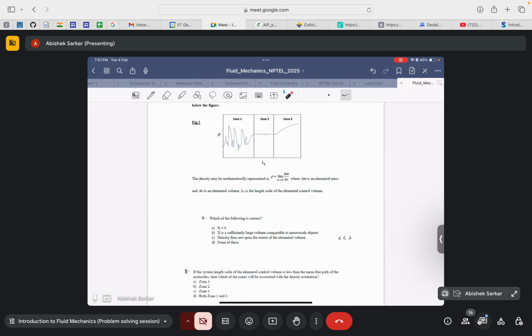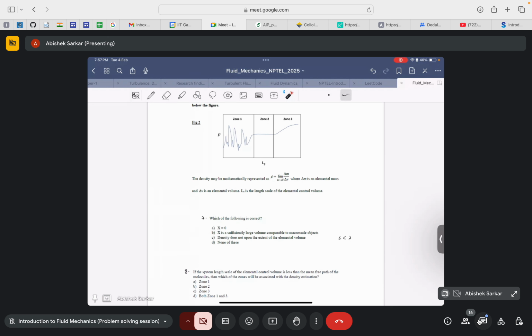So if we choose the length scale of that measurement volume to be much greater, the length scale of the entire room, would that make sense? Would that give a proper measurement of density, or should it be something closer to the value of the mean free path of the air molecules?